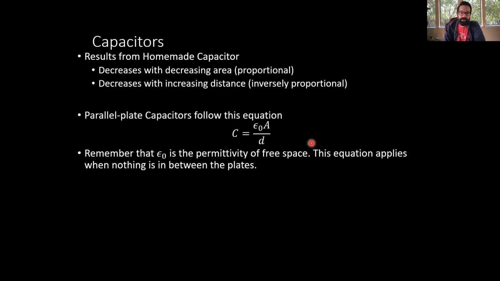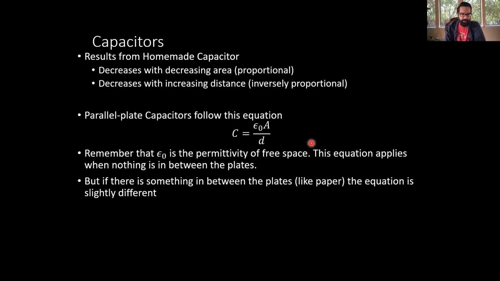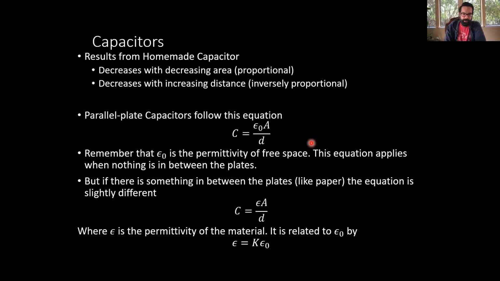Once you put a dielectric in your capacitor, you don't have vacuum, and so you can't really use that epsilon zero. We had to change that a little bit, and it becomes epsilon, not epsilon zero. Okay, so it's just another way of taking into account the dielectric, where epsilon uses that dielectric constant.